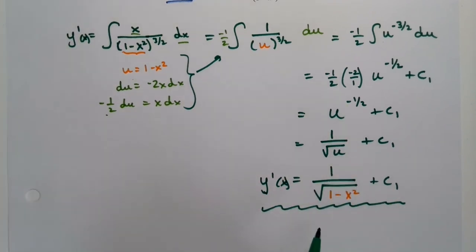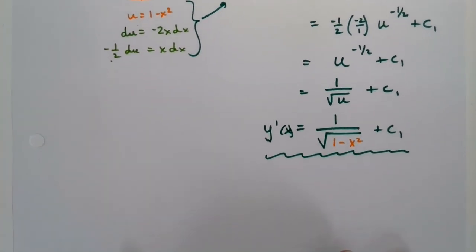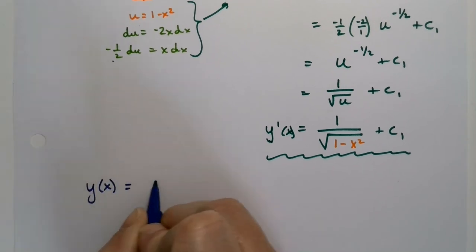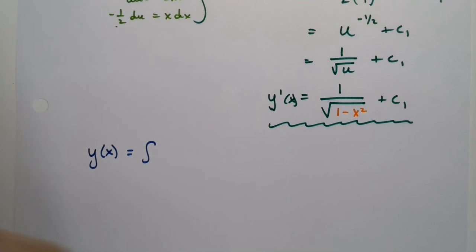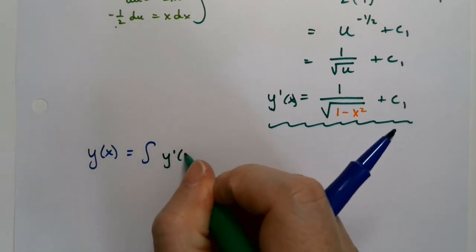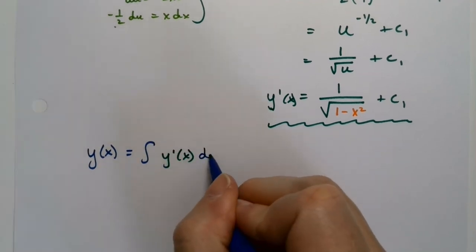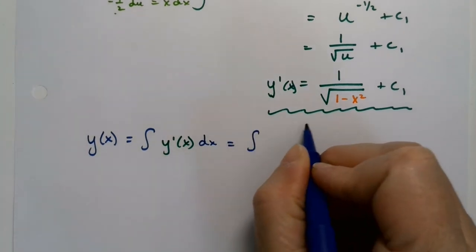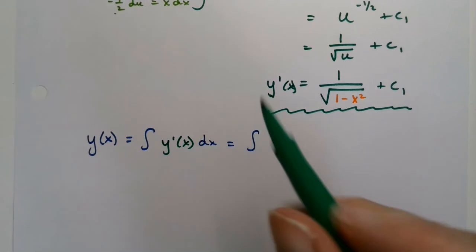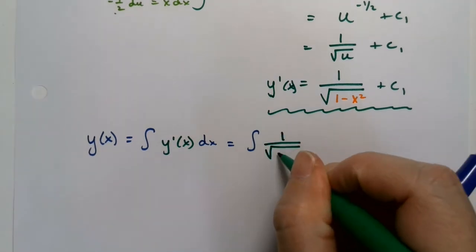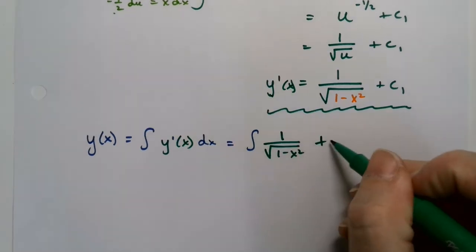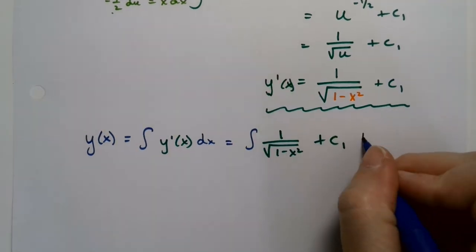So now I've got to do it all again, and I've got to do y of x is equal to the integral of y prime of x dx, thanks to the fundamental theorem of calculus, which is the integral of 1 over the square root of 1 minus x squared plus C1, that C1 is still there, dx.